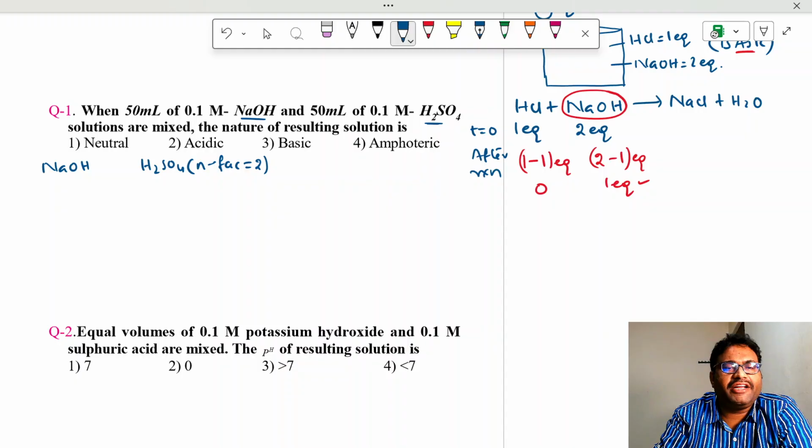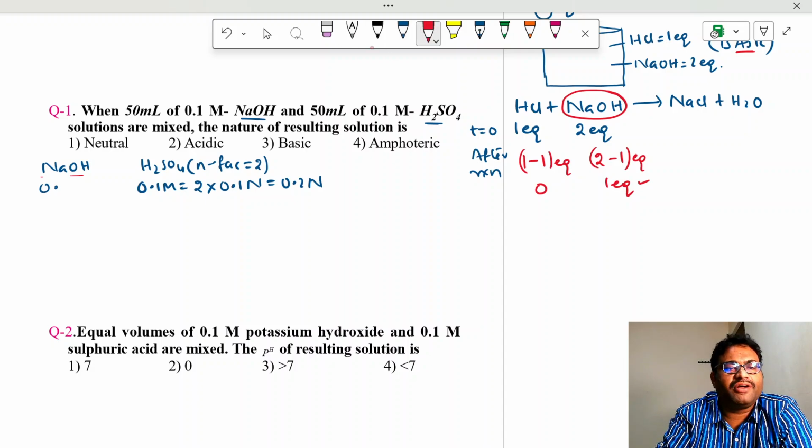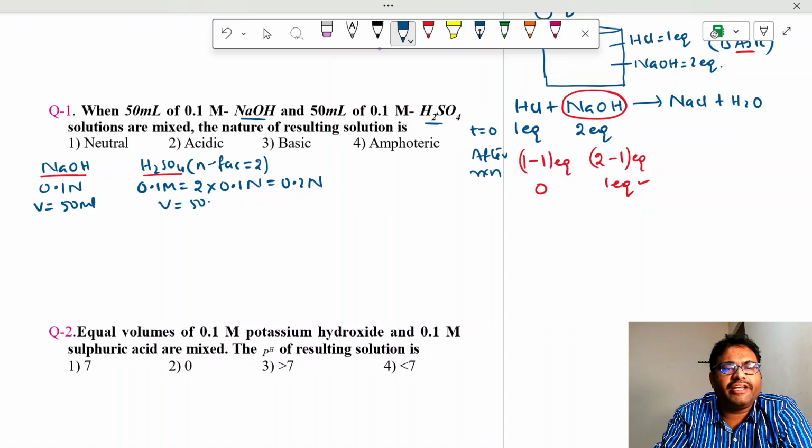Given molarity 0.1 molar, normality is 2 into 0.1, which is 0.2 normal. For NaOH, given normality is 0.1, and the volume given is 50 ml.